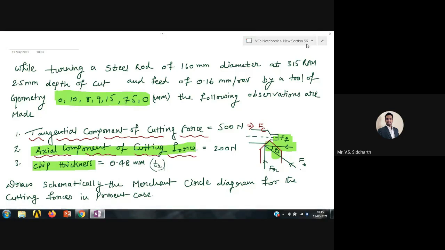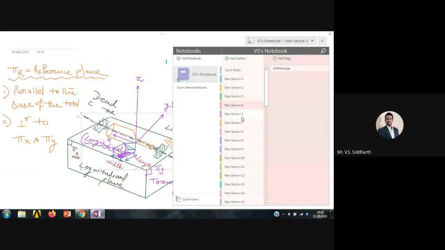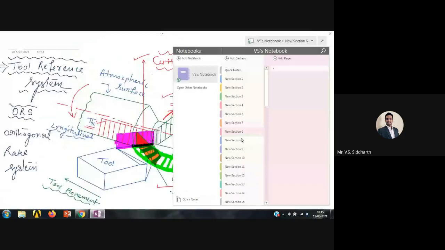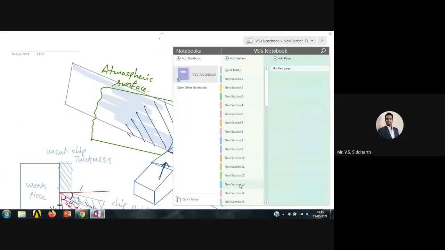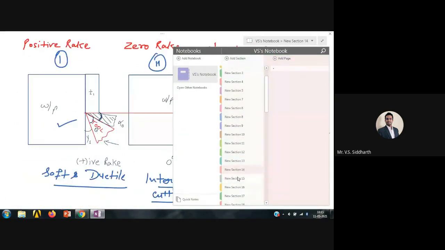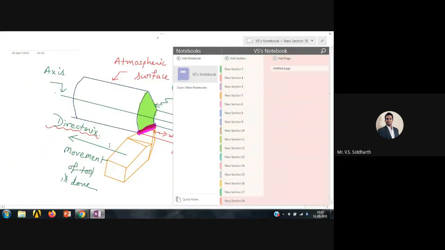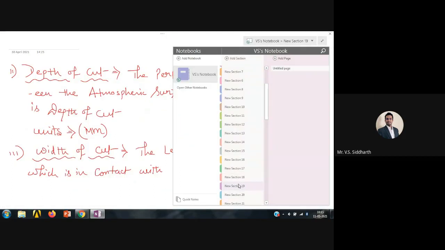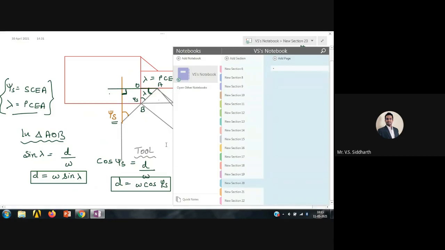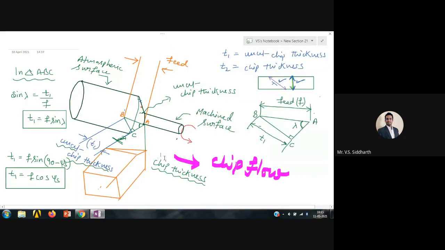Yes. I will go back to the previous classes. Here you see, this derivation we have already done.